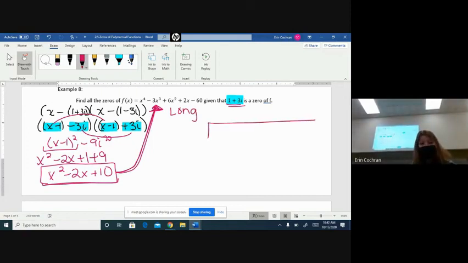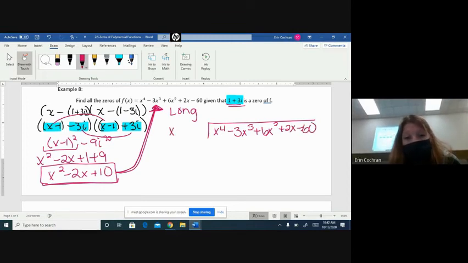Okay. So x to the fourth minus 3x cubed plus 6x squared plus 2x minus 60. And we're going to divide this by x squared minus 2x plus 10.